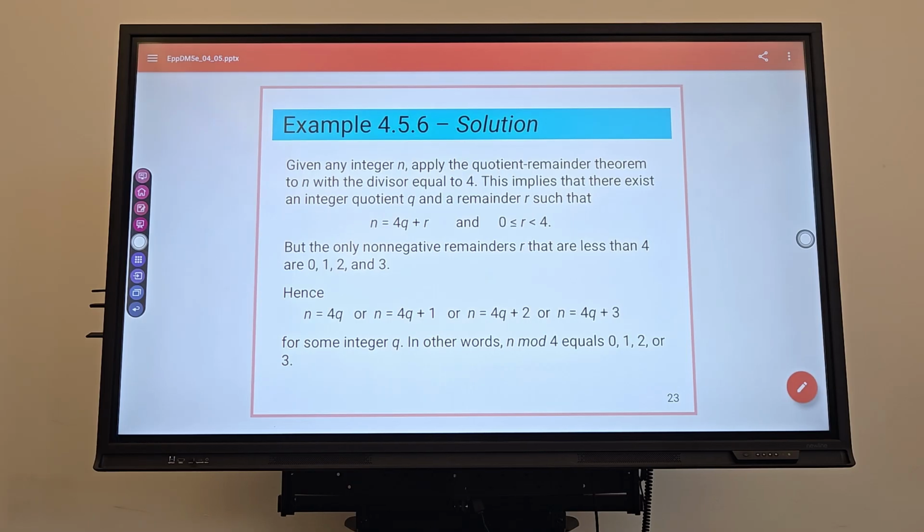Hence, n equals 4q or 4q plus 1 or 4q plus 2 or 4q plus 3 for some integer q. In other words, n mod 4 equals 0, 1, 2, or 3.